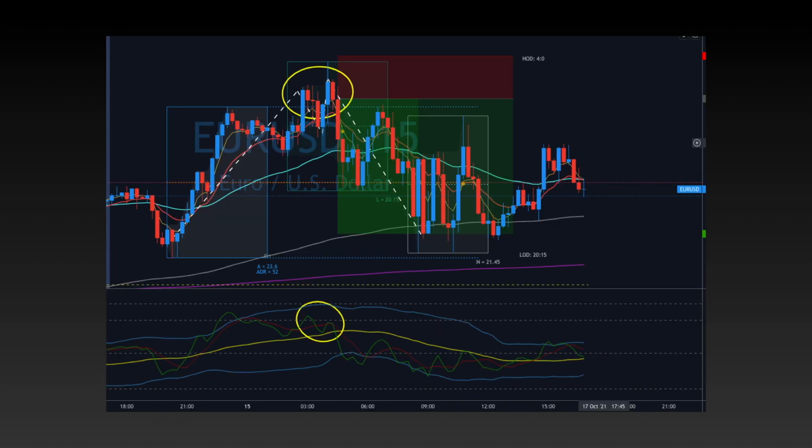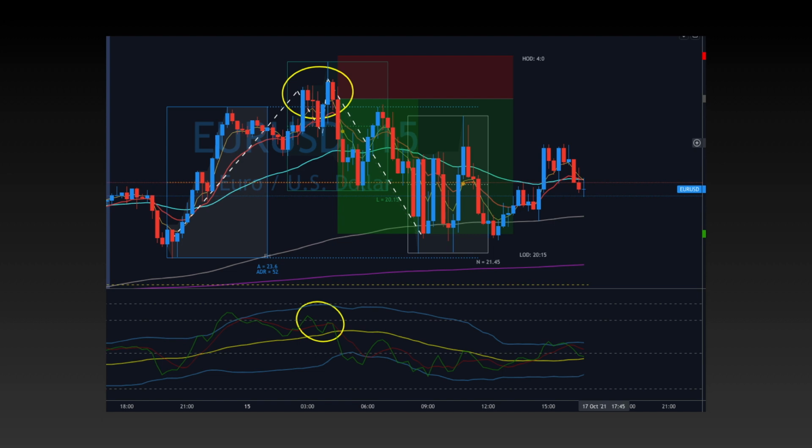Here's a type 2 setup where you have the first leg comes down, creates the apex, 5 candles or more between the first and second leg. Second leg gives you a railroad track. Okay. I want you to notice this. Notice on the TDI how the first leg of the M is above or right at the 61, while the second leg of the M is well below the 61.